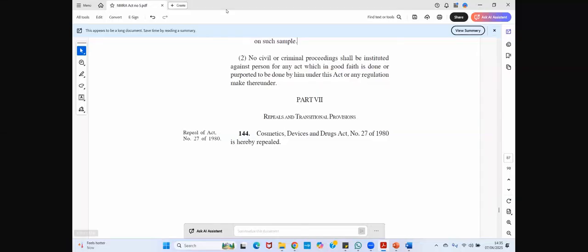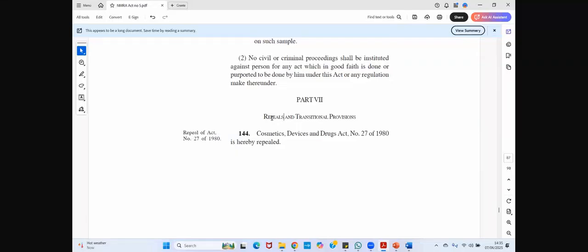And no civil or criminal proceeding shall be instituted against any person for any act which is in good faith done or purported to be done by him under this Act or any regulation made thereunder, right?